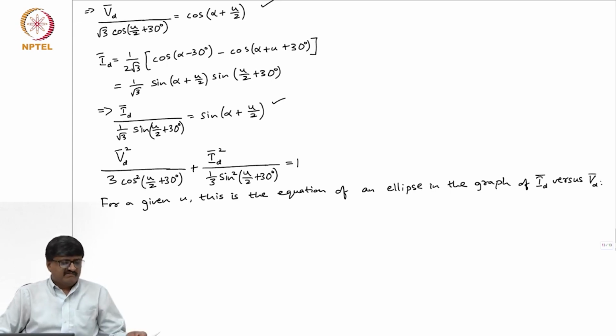So we can get the different characteristics such as constant alpha, constant gamma, constant u, either for the case of u greater than 0 and less than or equal to 60 degrees, or for the case of u greater than or equal to 60 degrees and less than 120 degrees. So I'll stop here and we'll look at the other aspects of the characteristics in this graph of Id versus Vd in the next class.